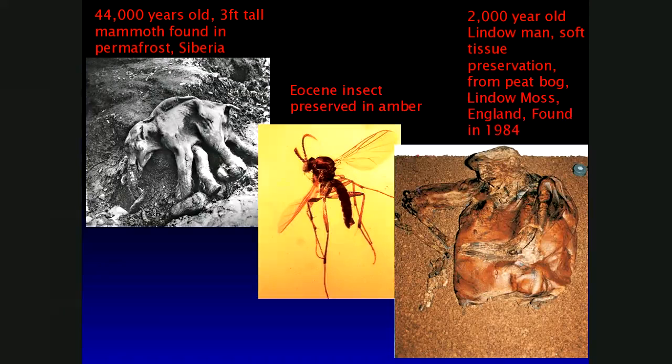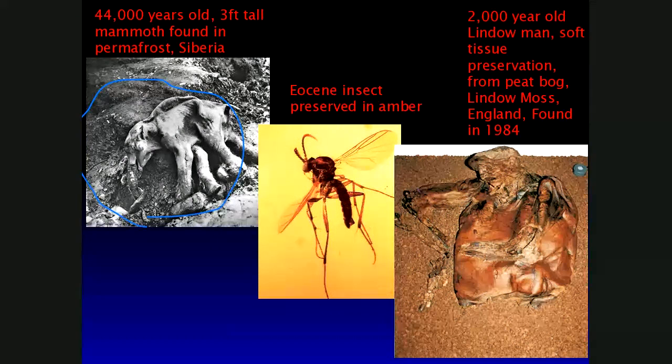Right here, you see the body of a mammoth that was 44,000 years old. So that many years ago, this mammoth was a living organism, and we found a fossil of this mammoth as an unaltered soft tissue preserved in the permafrost of Siberia. So when the permafrost melted, this fossil was exposed.